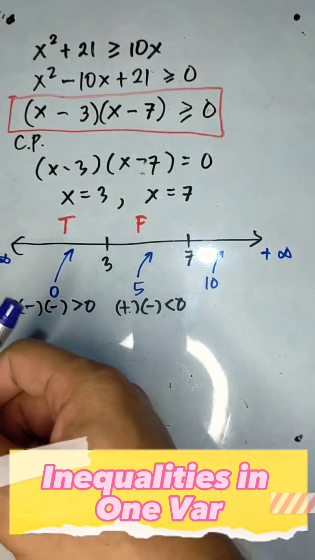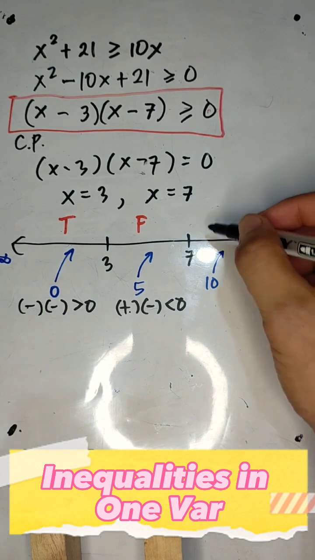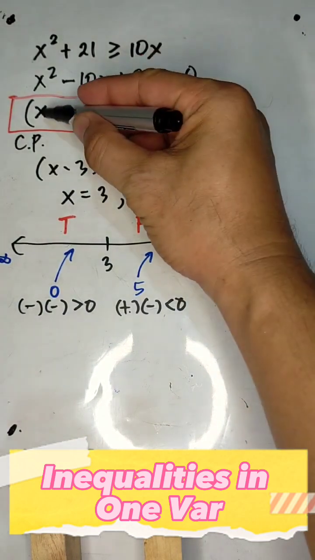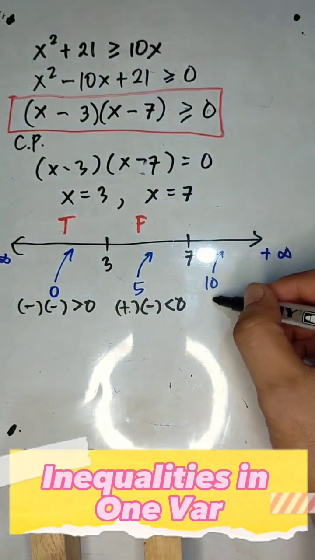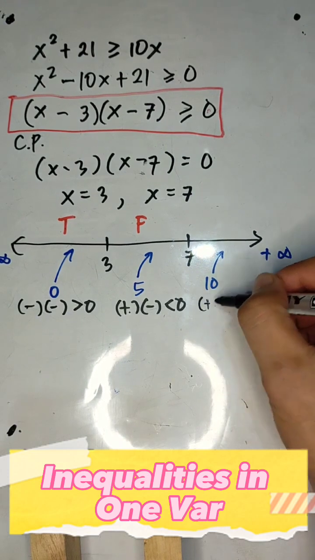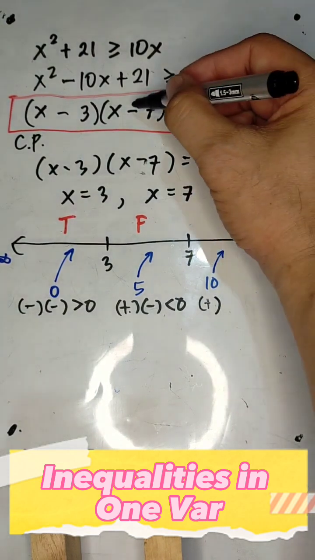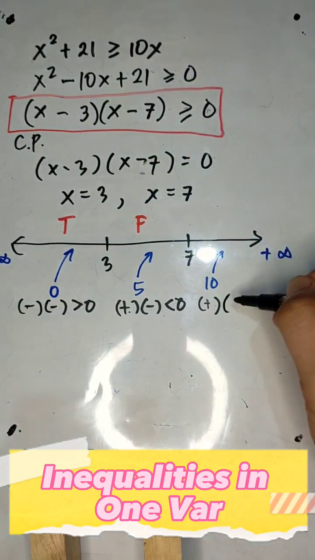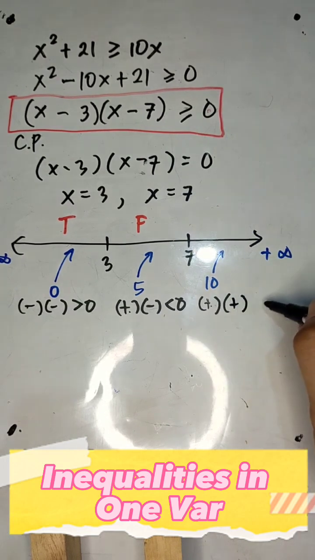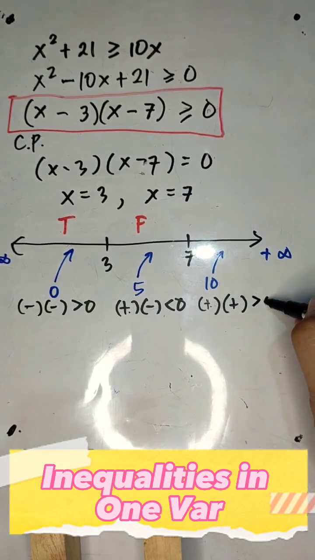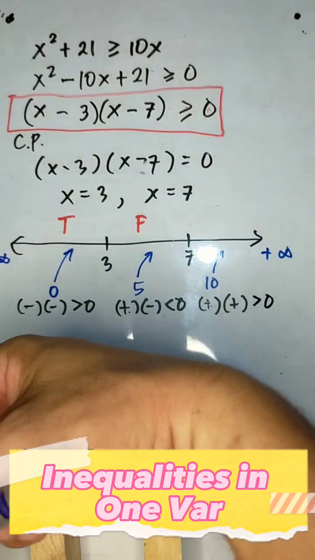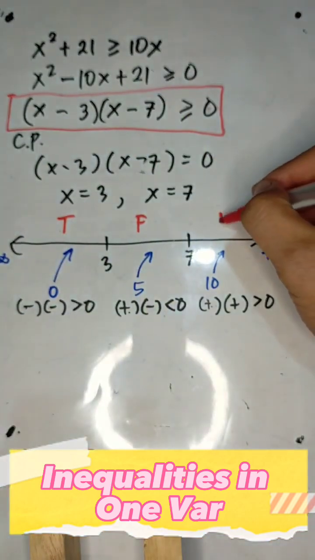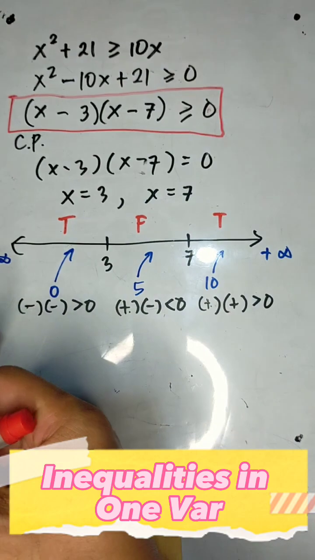And then let's go to the third test point. x equals 10. So 10 minus 3 gives us positive 7, and 10 minus 7 gives us positive 3. Positive times positive gives us positive. So this interval here works, and it's true.